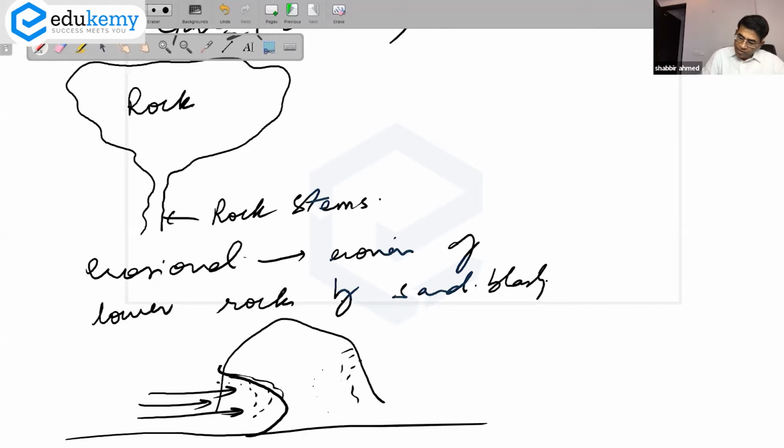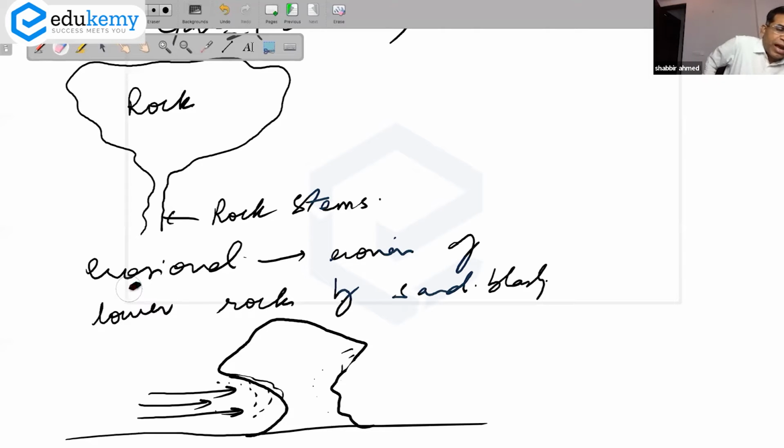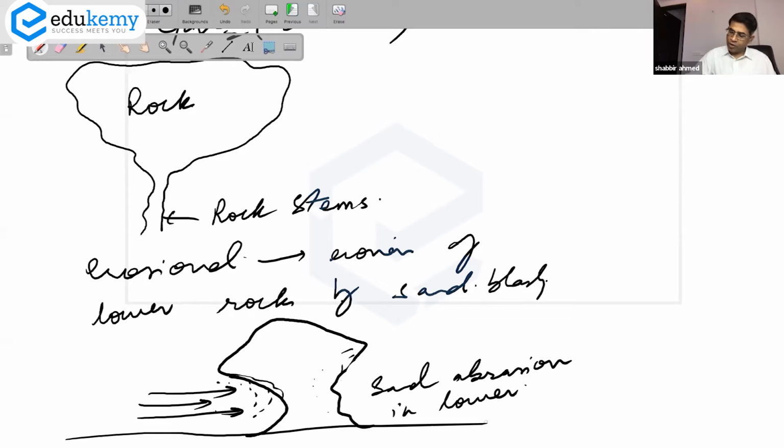What we're left with is something like this. So they are formed because of erosion of the lower rocks by sand blasting. Nothing much to add, just know these names. These are again examples of sand abrasion of the lower rocks. So that's about it.